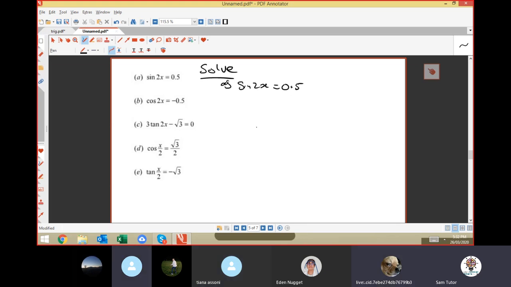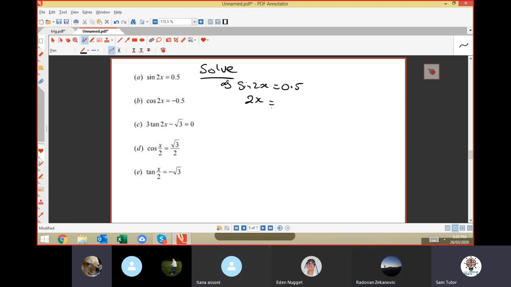Now this one here, everybody, this one changes a little bit. The reason why it changes is because it's got a 2x. So we've got to do some extra stuff. But I'm going to try to keep everything as uniform as possible. So, Brad, what's your first step? I'd shift sine half. You are correct. So shift sine half, 0.5 becomes 30 degrees.